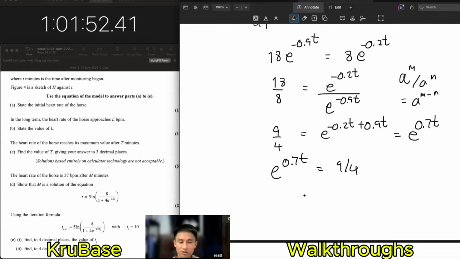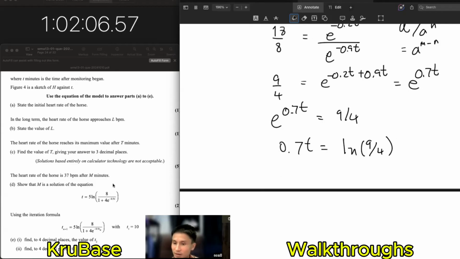That means we can do the log trick again. Bringing e to be the base of the log on the other side, we get a ln instead. So ln of 9 over 4. We want the t here, giving the answer to 3 decimal places. So big T is 1 over 0.7 times ln of 9 over 4.